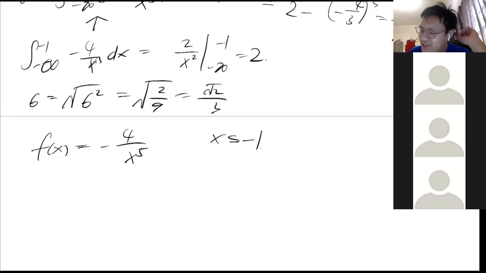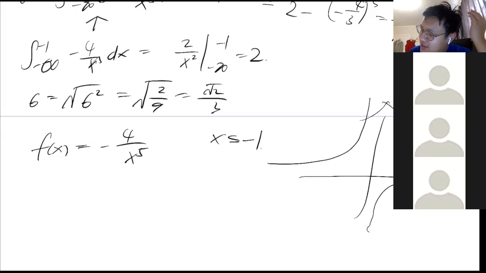You can first look at the function, and obviously if the function has a mode, it has to be -1. You can draw the graph out. Given that x is less than -1, it is maximized at -1.